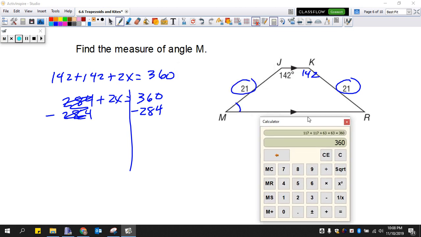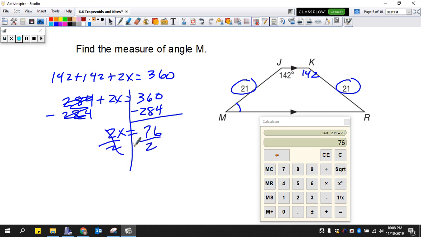360 minus 284 is 76. So 2x is equal to 76, divided by 2.